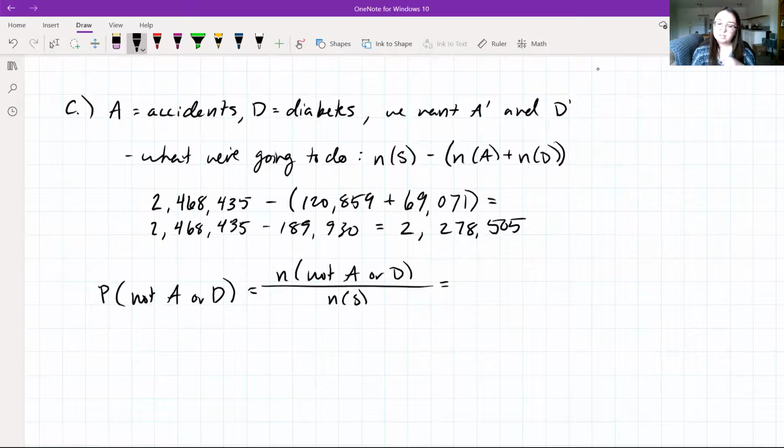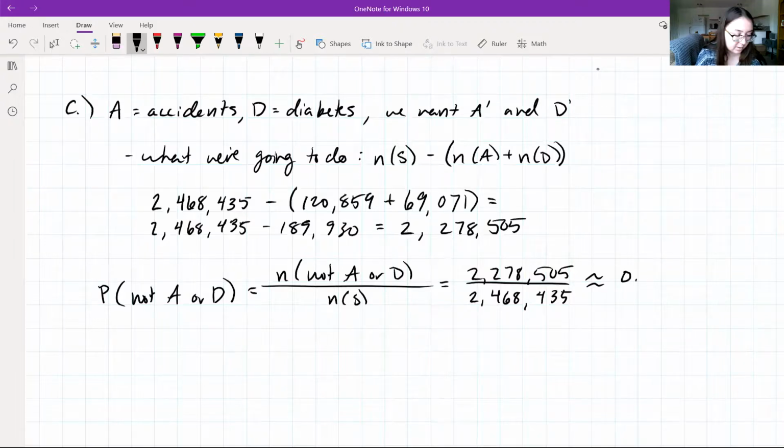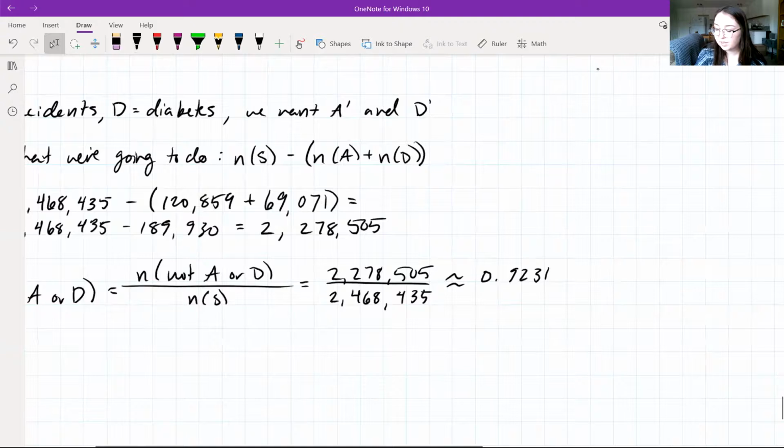And we know that the number of deaths that are not accidents or diabetes is 2,278,505 divided by our sample size here. And when we calculate this value in decimals, we get 0.9231, which if you want to put in percentage, is 92.31%.